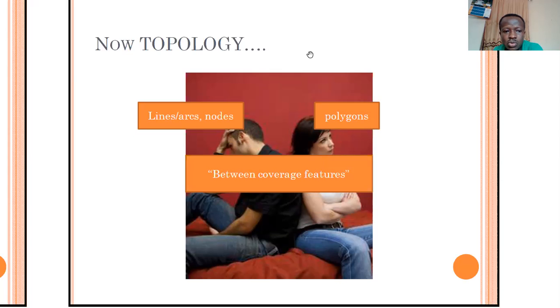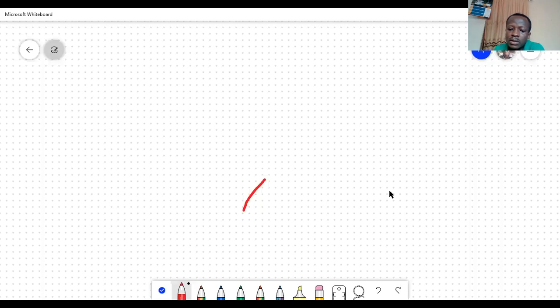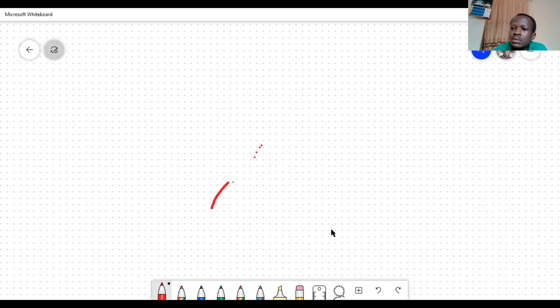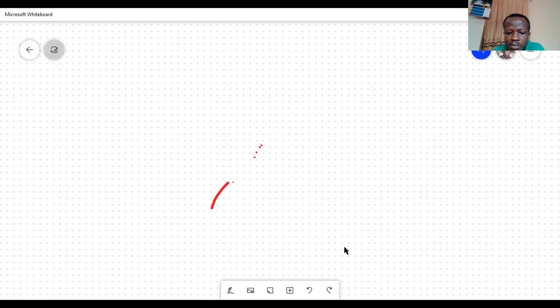Okay, so let me go to my whiteboard. Then again, I think I opened it. Where did it go to? Microsoft Whiteboard. Okay, there you are. Okay, so if you talk about relationship, let's say the red line that you are seeing is some sort of feature on the ground. Oh, this is messing up again. Don't do this. I love using this whiteboard, and yet sometimes it's a shame that it doesn't work the way you want it to.